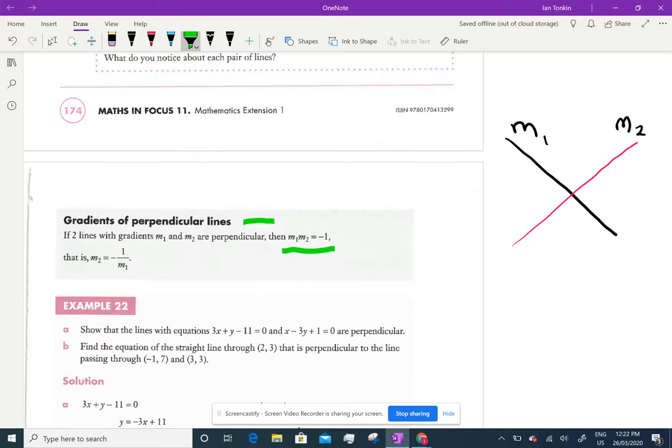Which means if you write an equation for that, M1 times M2 equals -1.